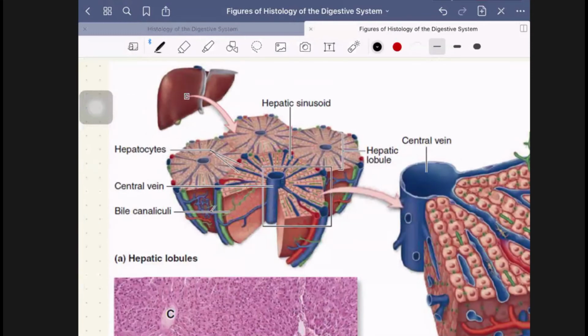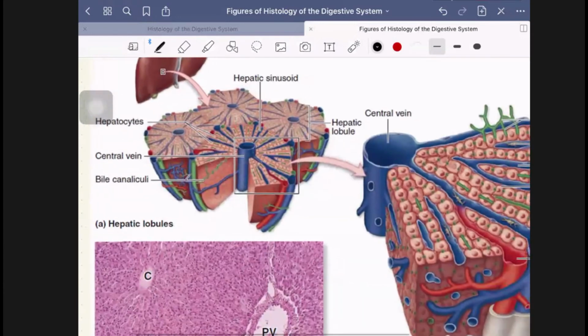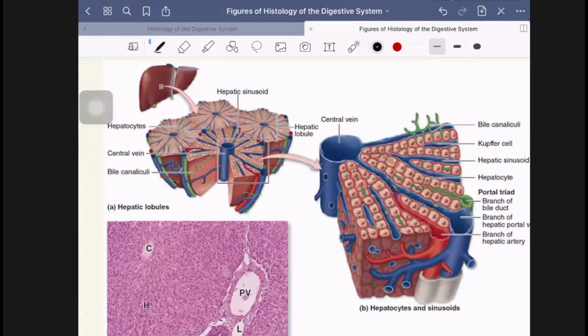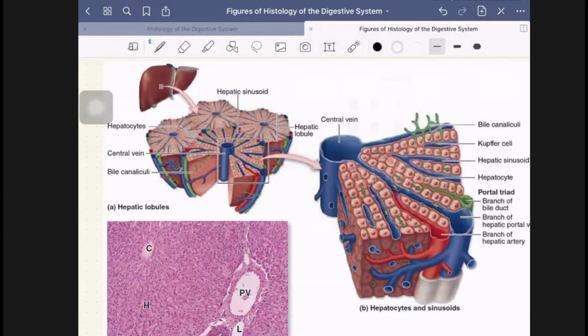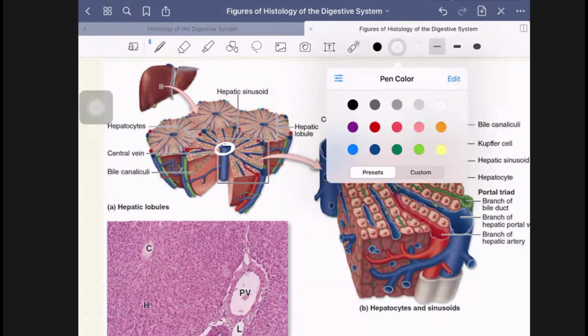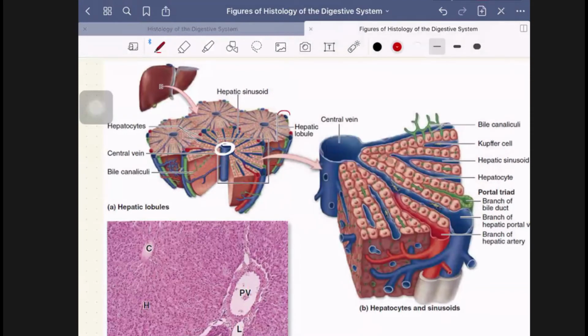Classical hepatic lobule, how is it formed? It is formed by a central vein, the central hepatic vein, right? And on the six angles of the hexagon there will be portal triads: 1, 2, 3, 4, 5, 6.